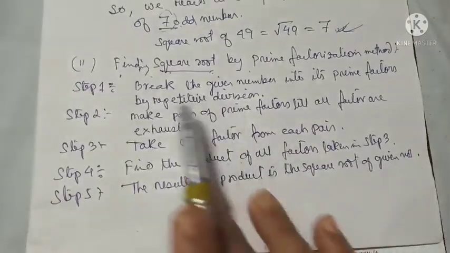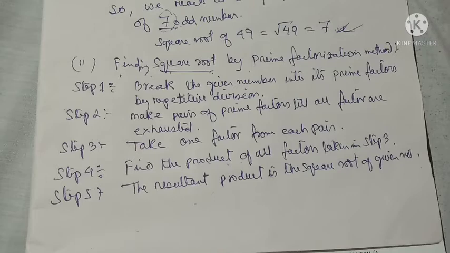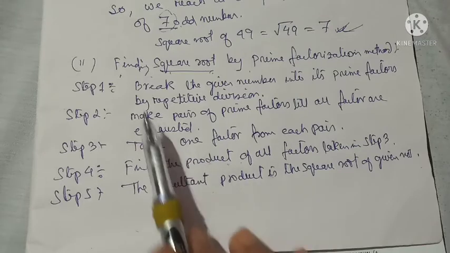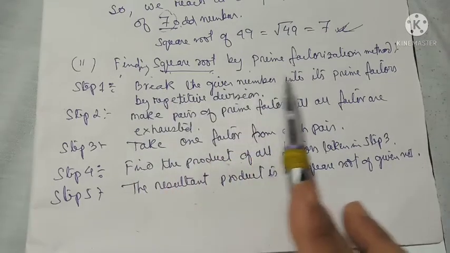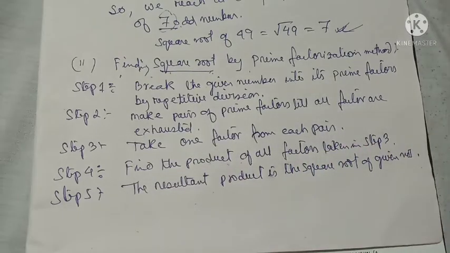Let's see what the steps are. First, break the given number into its prime factors by repetitive division. You all understand this one, how to find the prime factorization.